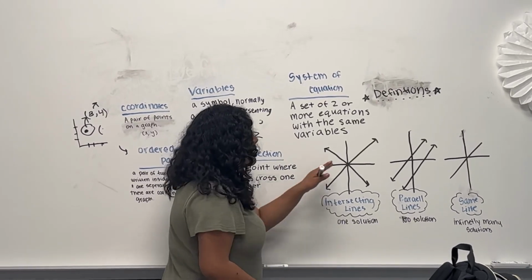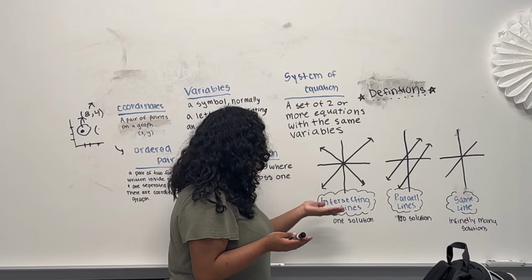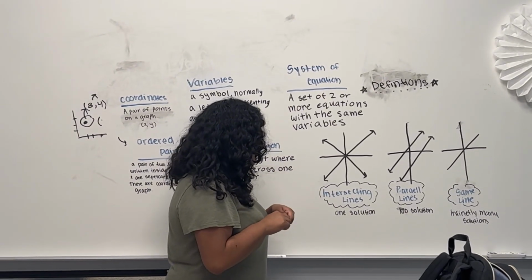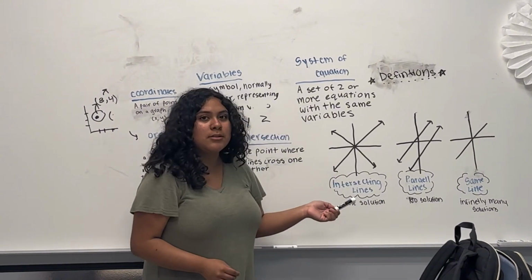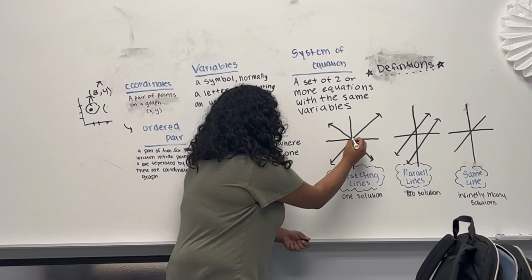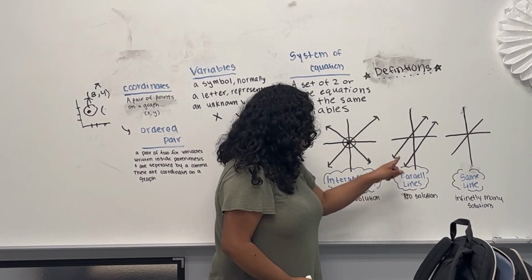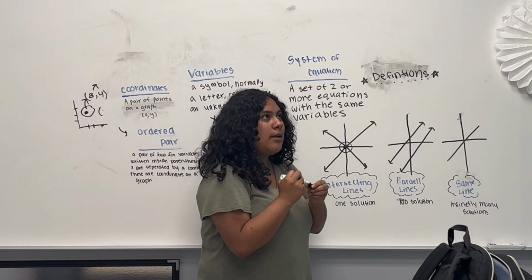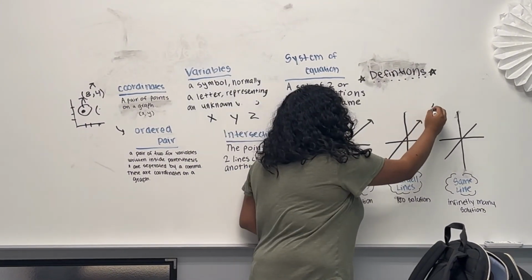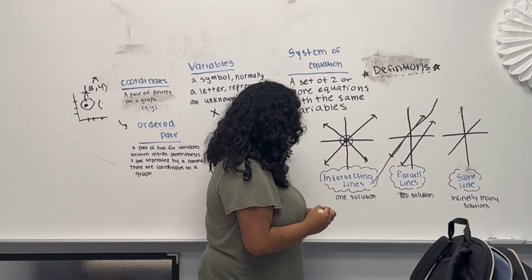And then these are the different types of lines that can be the outcome when doing these types of problems. Intersecting lines usually have just one solution, which would be this point here. Parallel lines have no solution because they're not intersecting one another, and if we were to continue these lines, they would just go on into infinity.